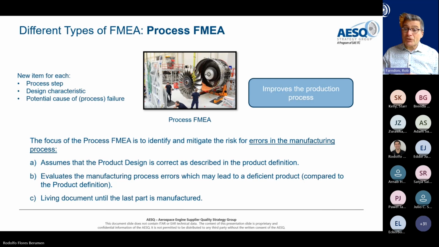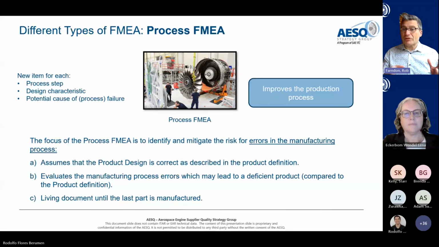Okay, we are looking for errors in the process definition. So that means we're going to assume in this case that the design is right. We're handing over a good design record, a proper product definition that satisfies all of the customer requirements. What we're trying to do here is evaluate the manufacturing process and find errors which may lead to the product at the end of the day not satisfying the specification, the product definition, the detailed drawing that we're looking for.